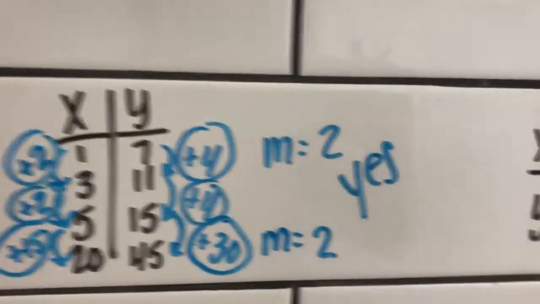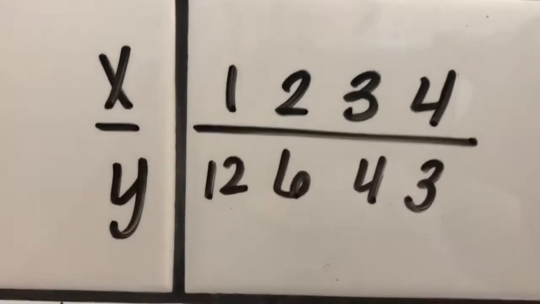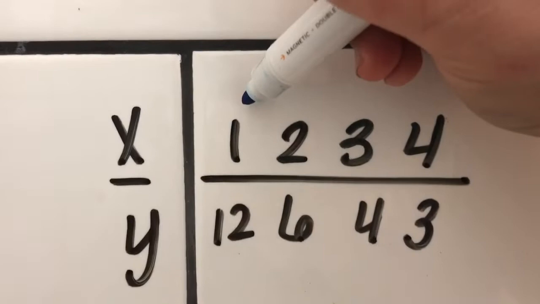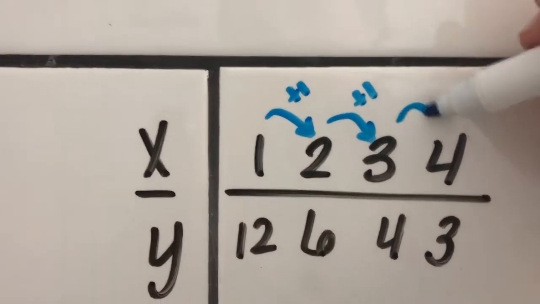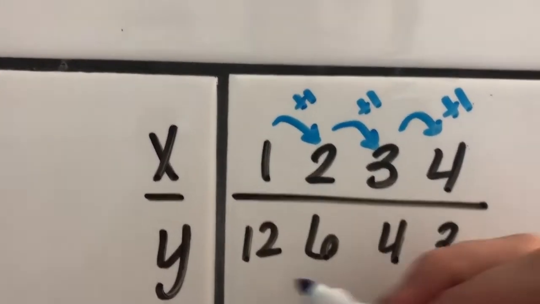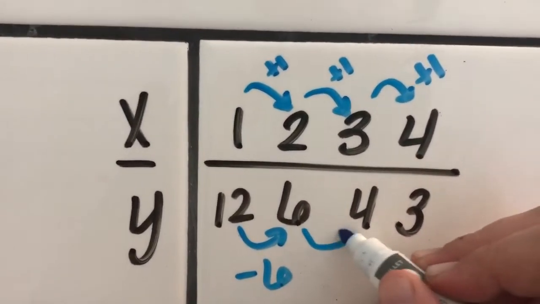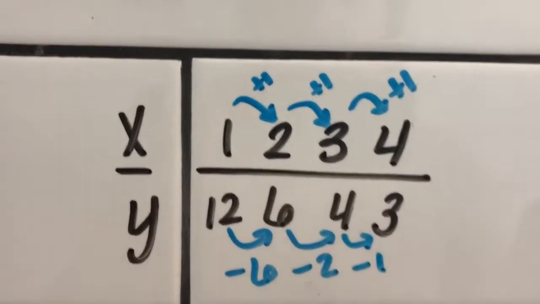I have one more table example for you. This one's going horizontally, but that's okay. I'm going to look at the change in y over the change in x. Look at the x's first. I'm adding 1 each time for sure. So my change in the x's is definitely consistent. Here I'm subtracting 6. From 6 to 4, I subtract 2. And from 4 to 3, I subtract 1.